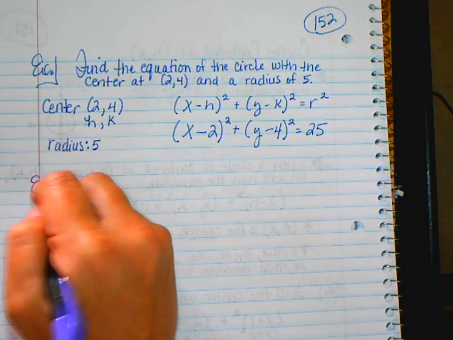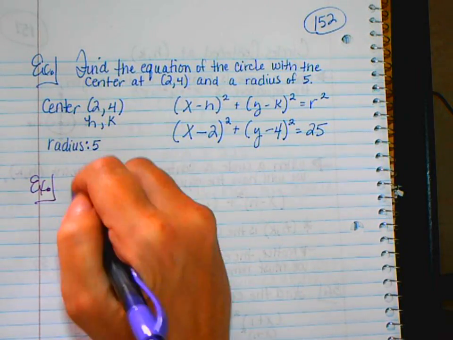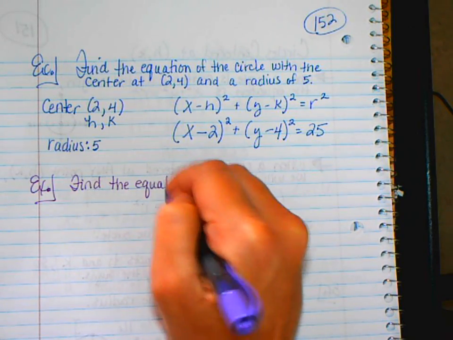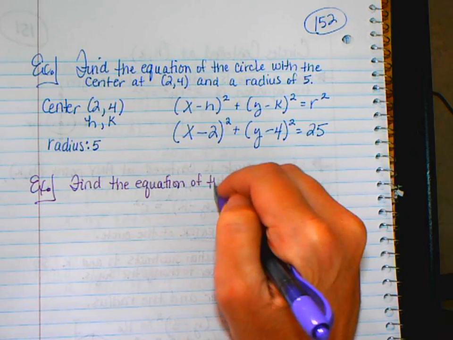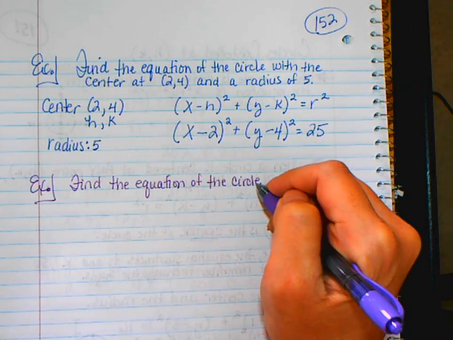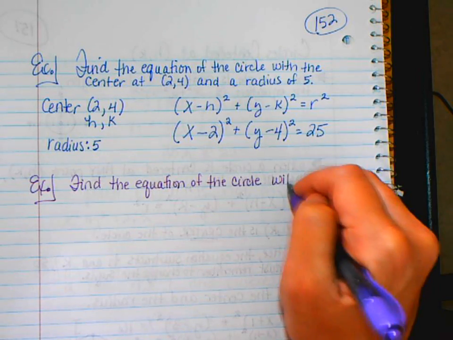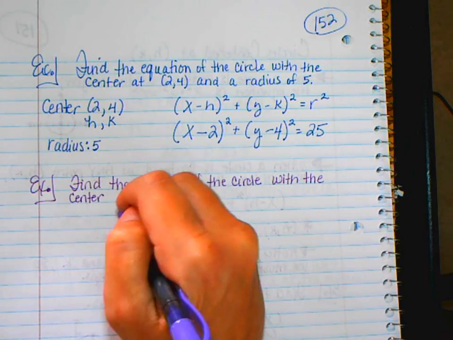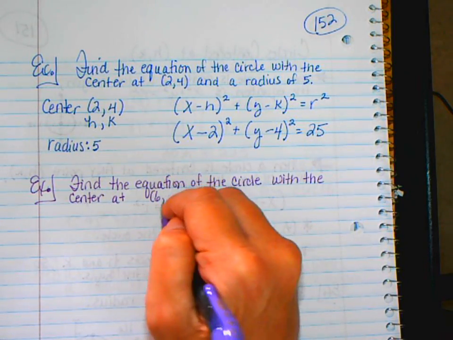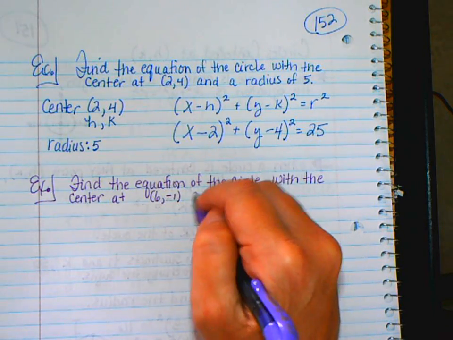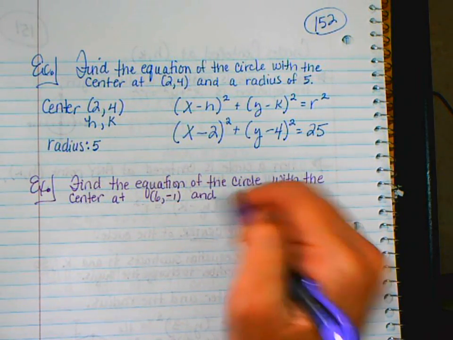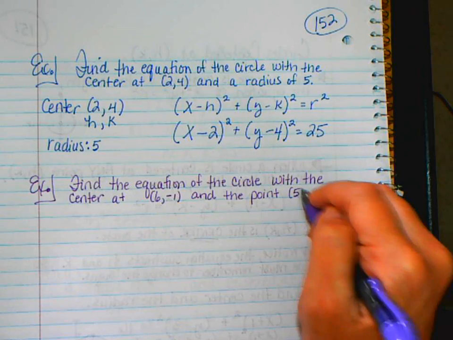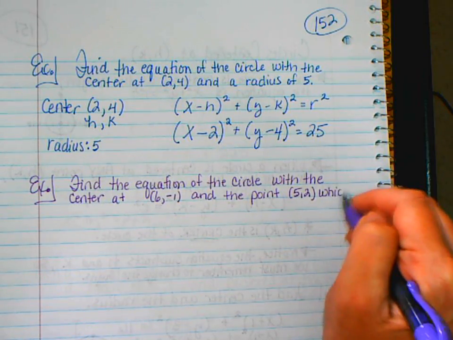Next example. Find the equation of the circle with the center at 6, -1 and the point 5, 2, which lies on the circle.